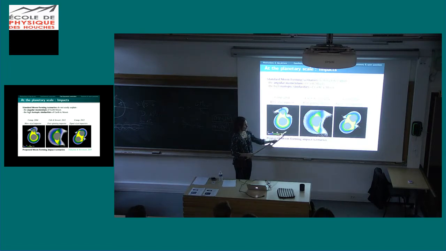Two more recent scenarios that can actually meet this constraint are these ones. The first is an impact with a very fast-spinning impactor. Cuk and Stewart have shown that it can send material mainly from the Earth's mantle, and in that case you form the Moon from the Earth's mantle, which would explain why it's very similar to the Earth.